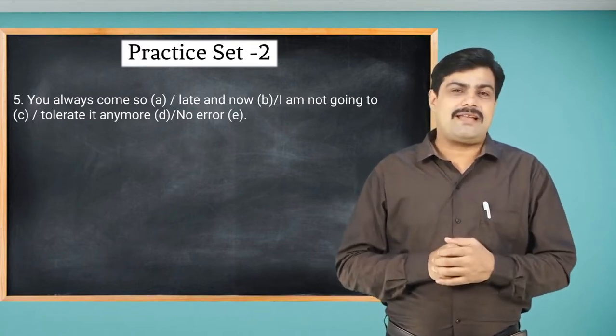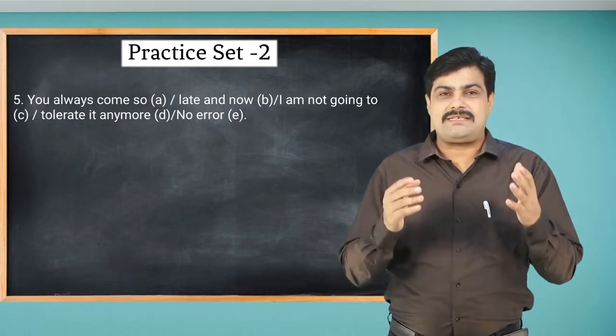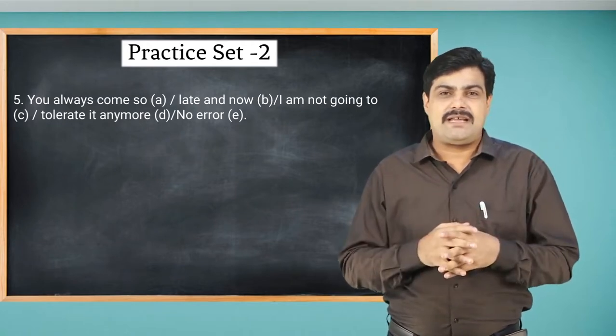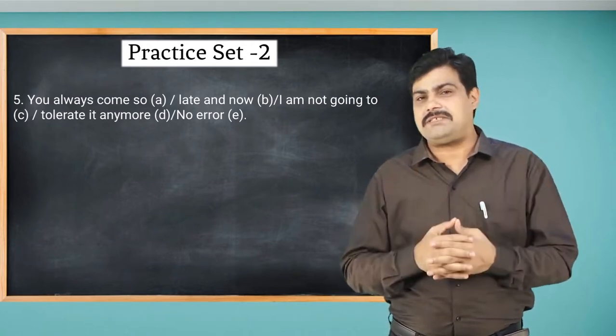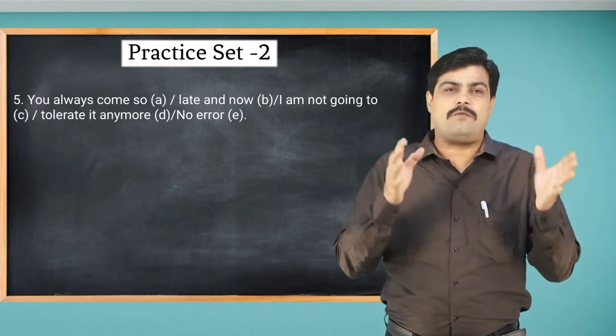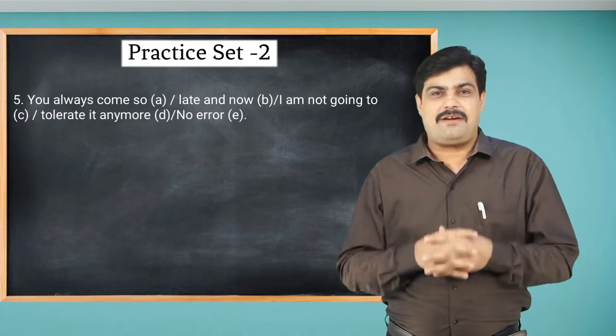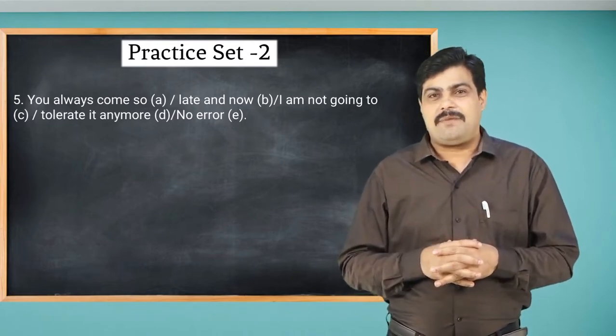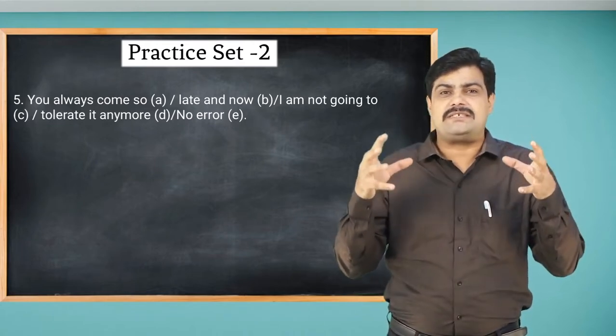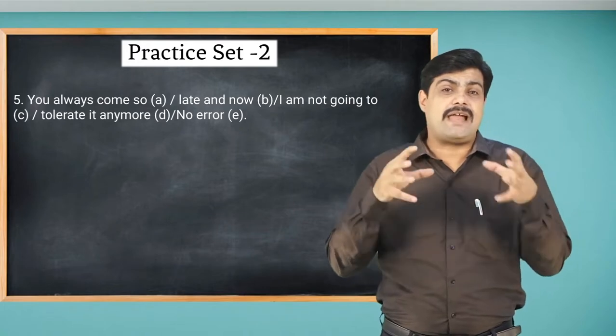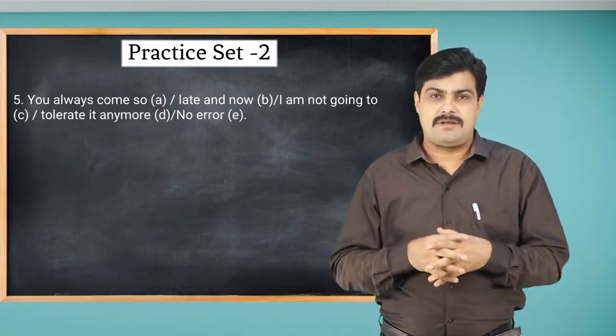Well, the sentence is like the previous sentence. It is showing habit in present and the word always is used. So it is right. Here it is not right, because the sense of the sentence is showing irritation and anger of the person.